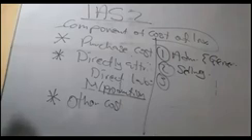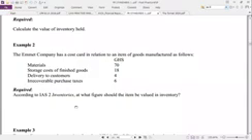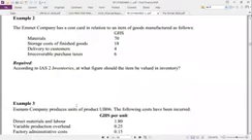Now let's move on to illustration 2. S&M company produces a unit of product UB06. The following costs have been incurred. Direct material and labor 1.8. Variable production overhead 0.25.